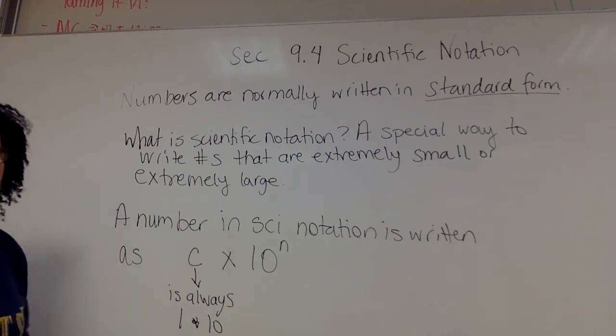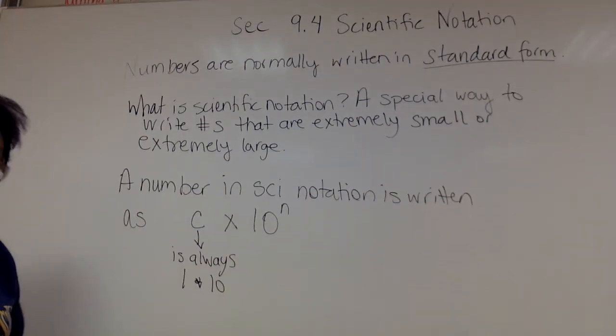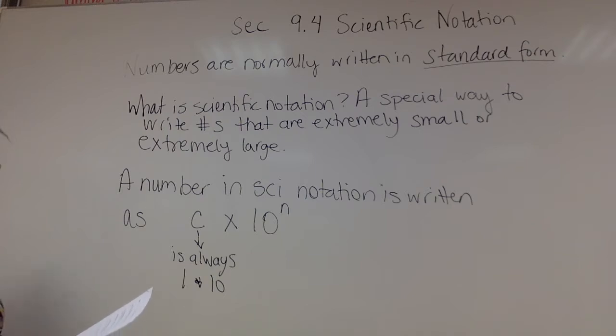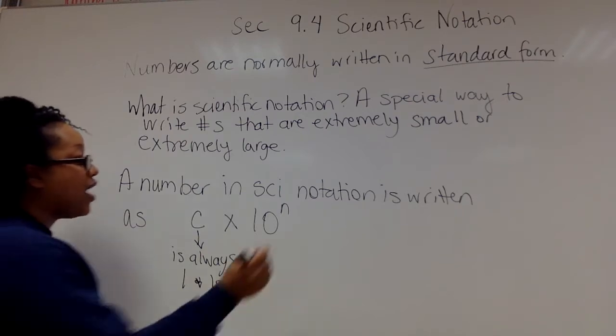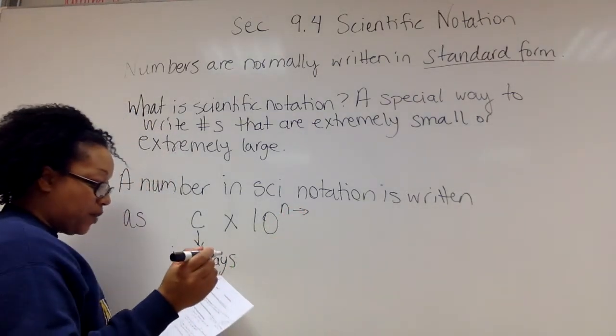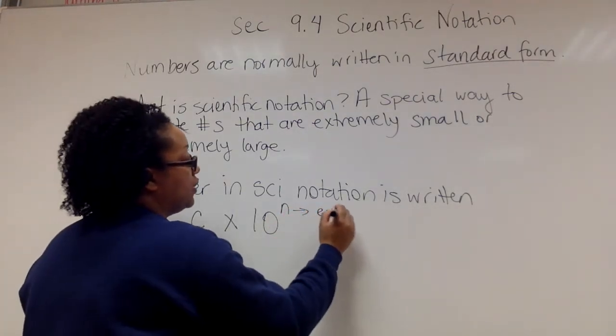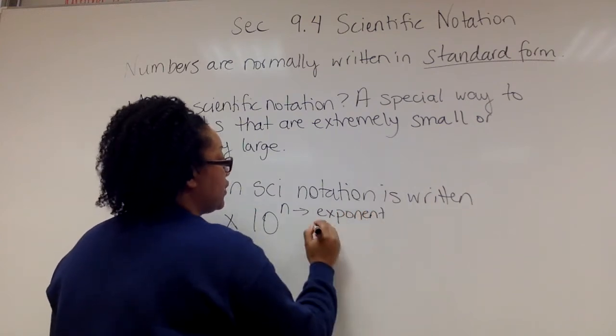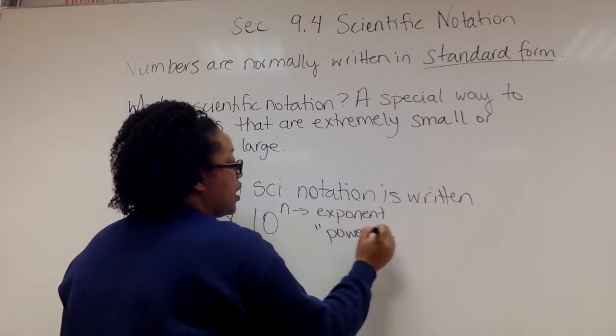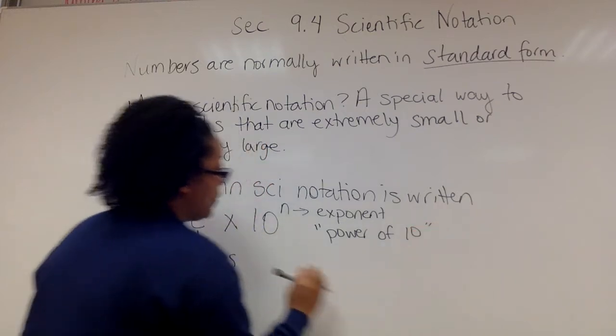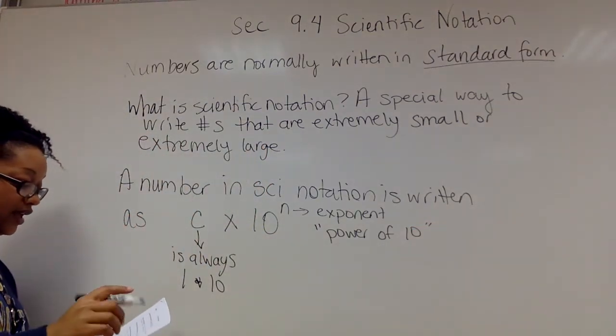Okay? Always between 1 and 10, first of all. That's your C. And then your N, that is your exponent, which is basically a power of 10. Okay, because your base is 10.